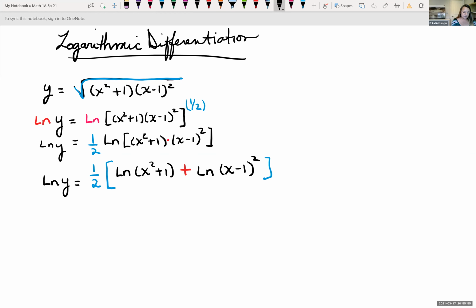So I can clean this up a little bit more if I wanted to. I notice that the square on that second natural log, I can bring that down in front of that log. And so that would be the same thing as 2 natural log of x minus 1.